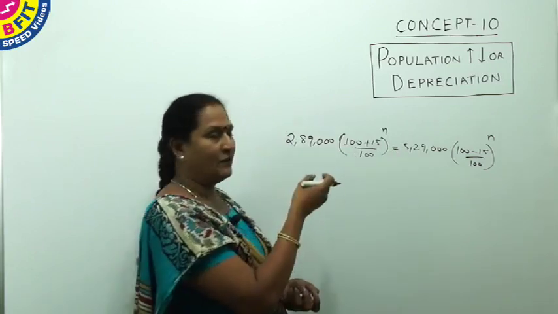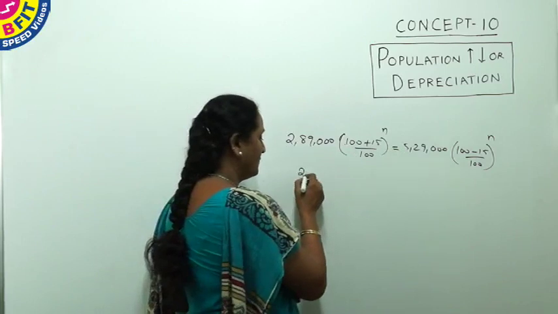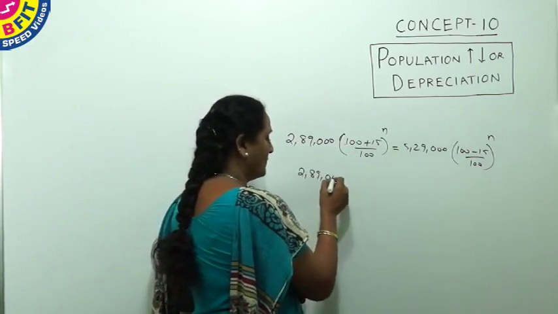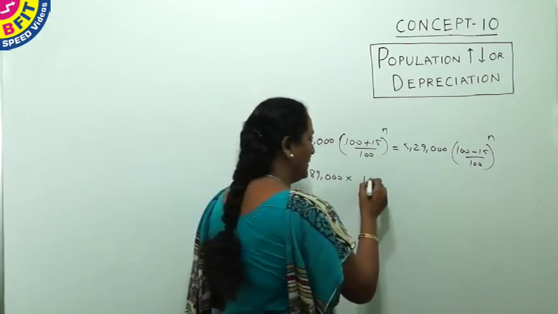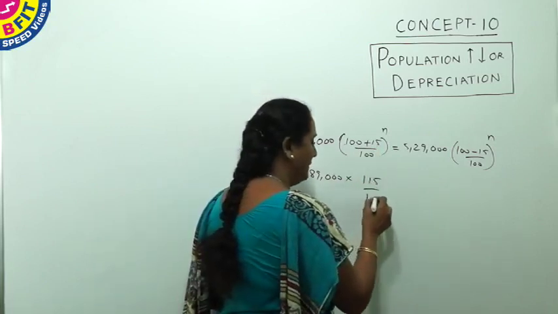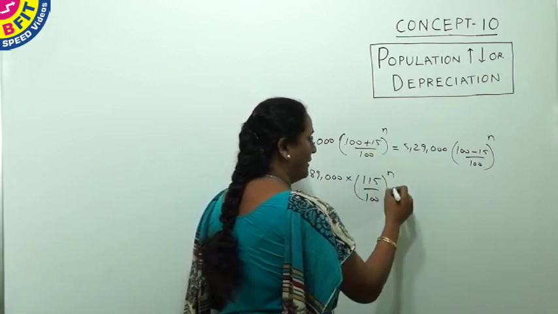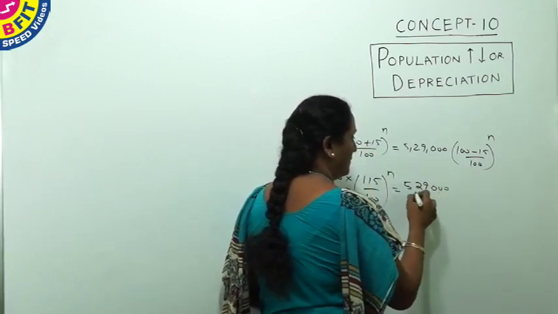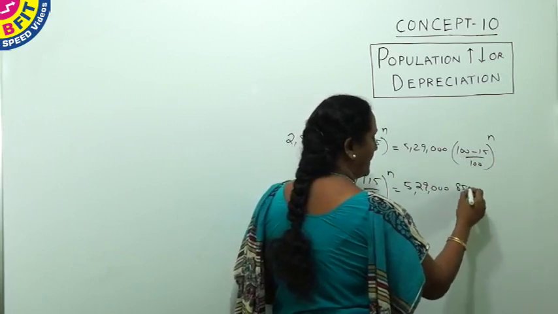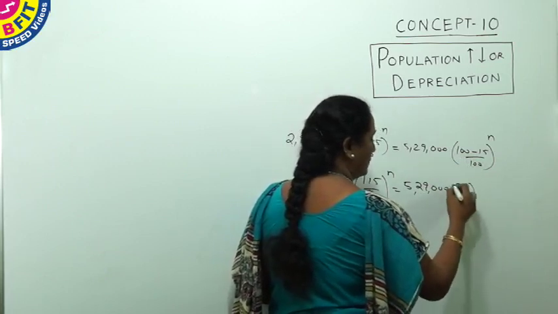Now the working will be, 100 plus 15 is 115 by 100, the whole power n. And 100 minus 15 is 85 by 100, whole power n.